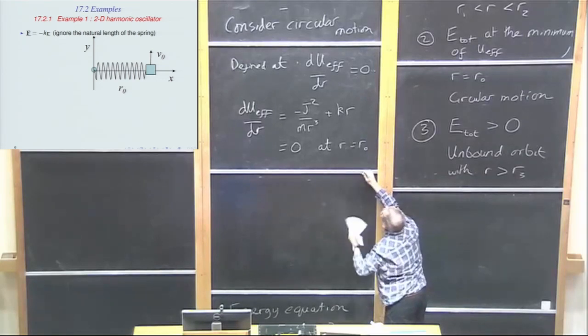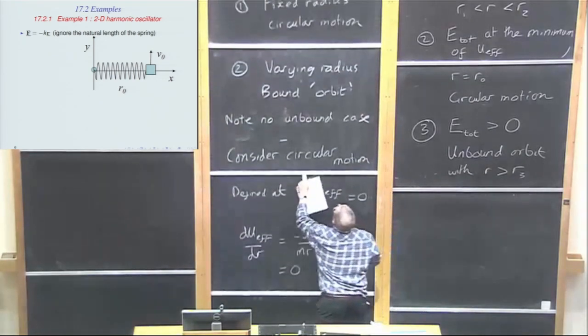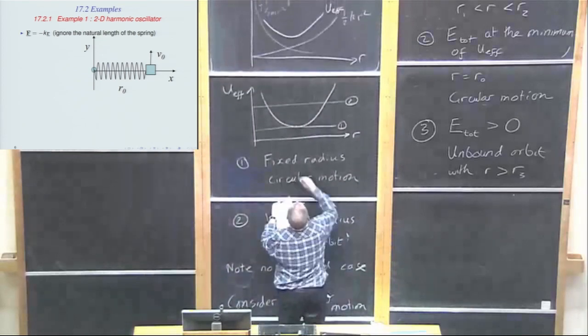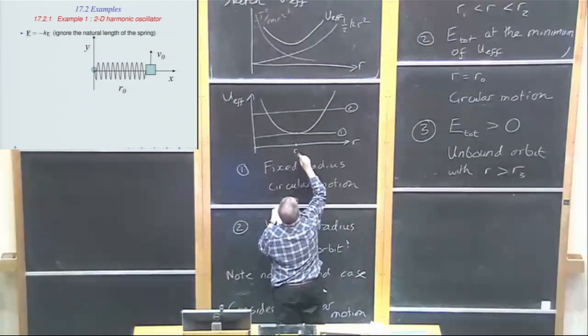Let me just annotate my diagram one more time. This is r0.